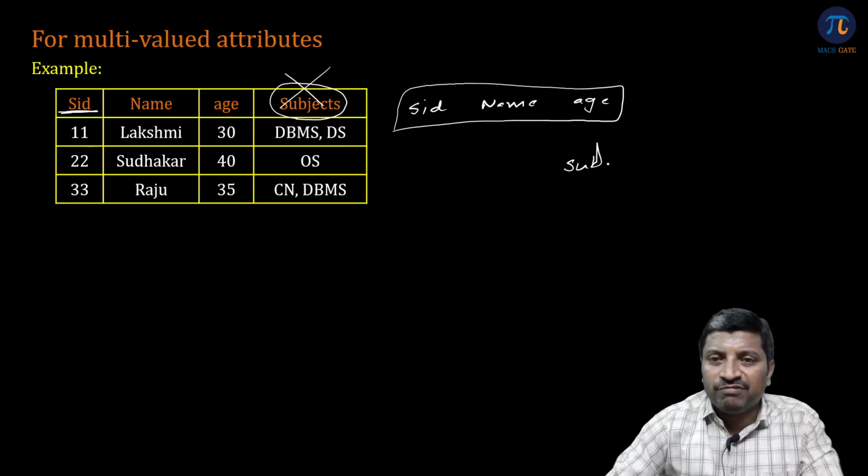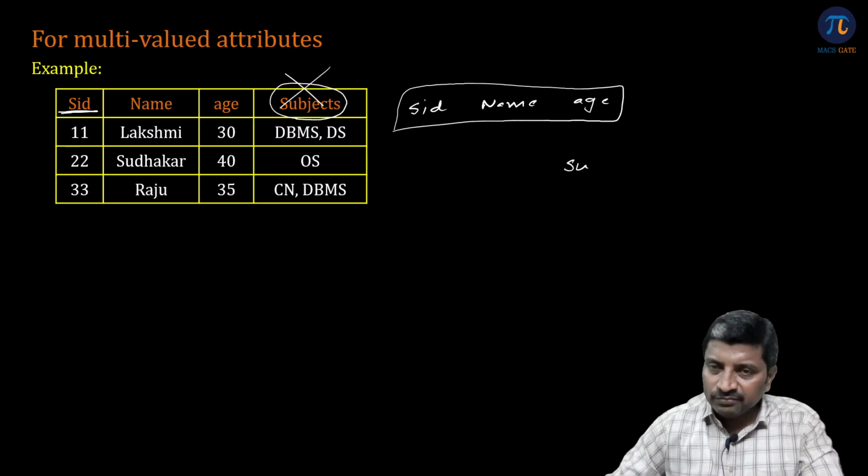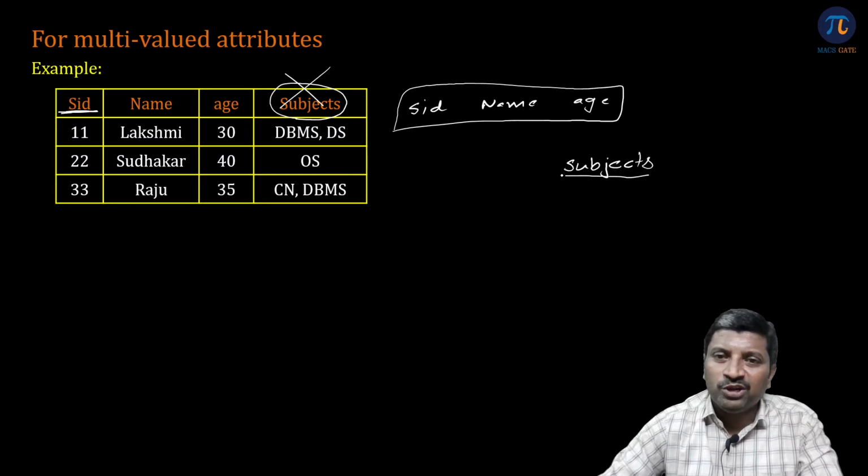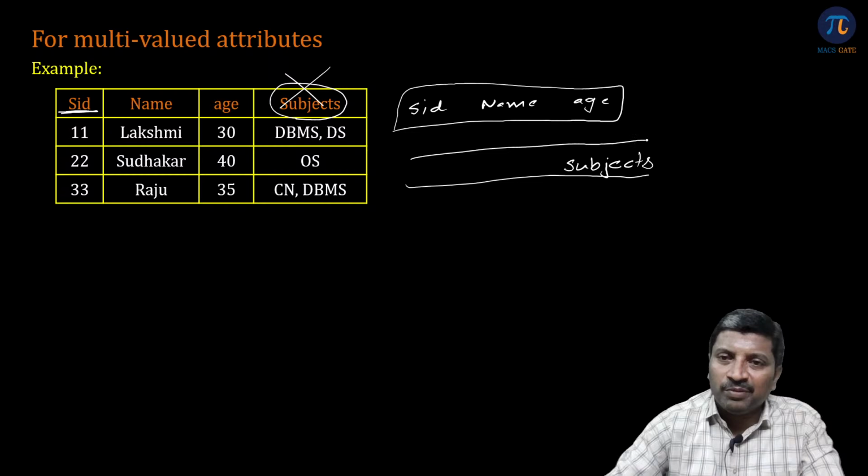Separate or form a new table. Form a new table with the multi-valued attribute and attach this primary key as a foreign key in the new table.